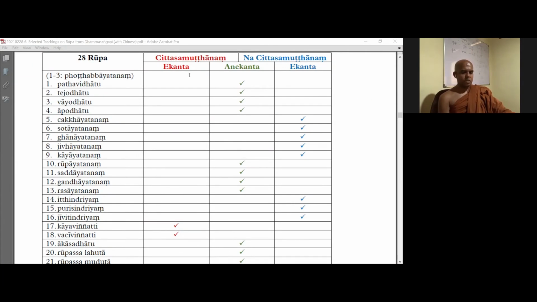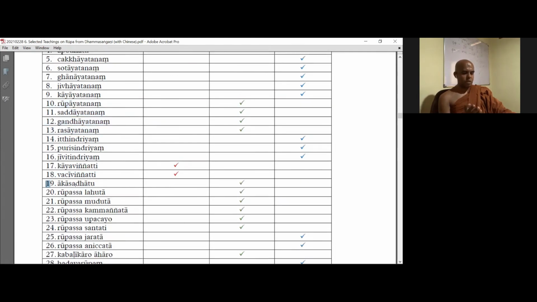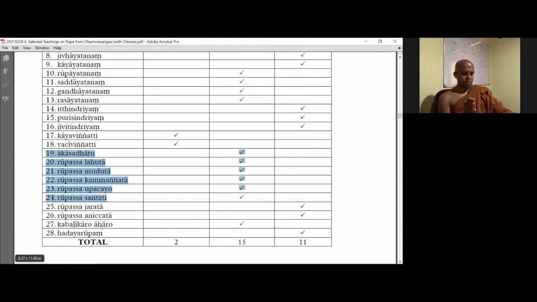They are common to both: 4 mahabhuta and 4 objects, in the same way space element, the 3 types of change in rupa, upachaya, santati, and kabalinkara ahara.